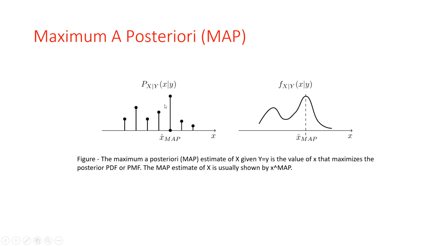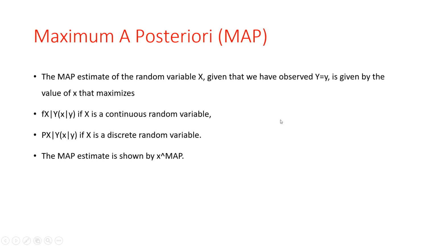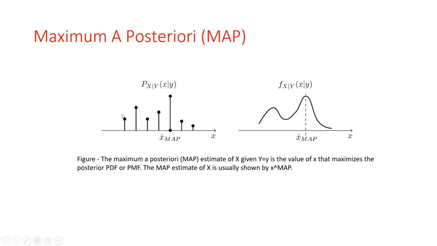So this is discrete and that is continuous. In both cases, continuous and discrete, the MAP estimate of X is usually shown by x hat MAP.